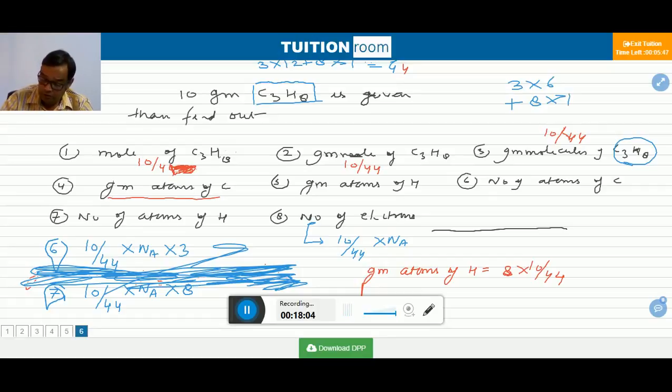So this is 18 plus 8. 18 and 8, that is 26. So into 26. These are the number of electrons.